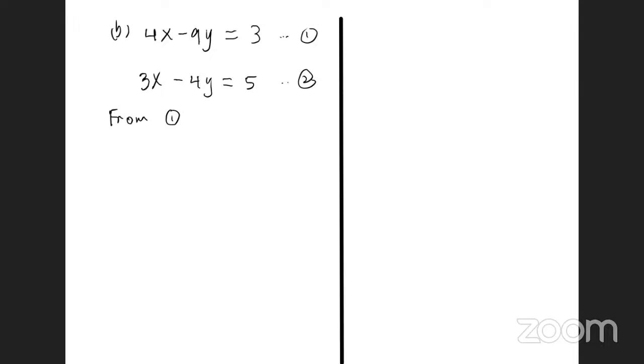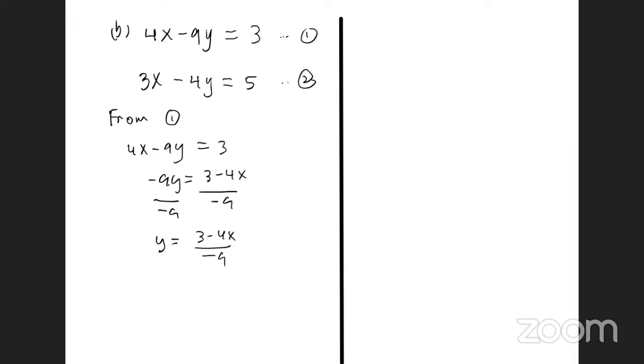I'll show you how to handle it negative. We have 4x minus 9y is 3. Minus 9y is 3 minus 4x. I'll move across the 4x, and then divide everything by minus 9. So I'll get y is equal to 3 minus 4x over minus 9. That's one option.